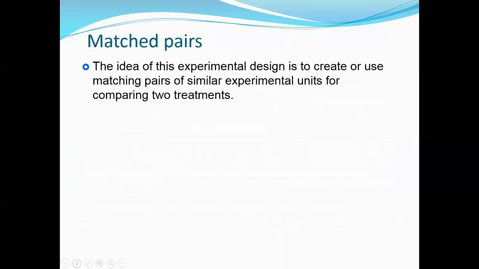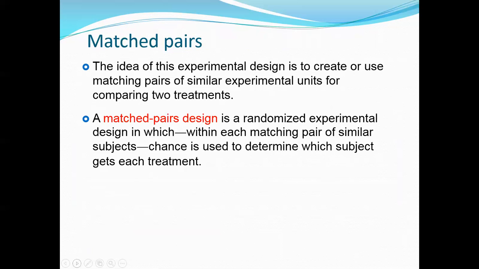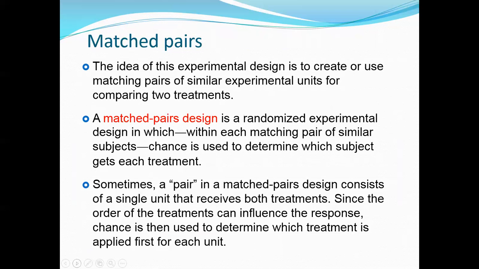Matched pairs. The idea of this experimental design is to create or use matching pairs of similar experimental units for comparing two treatments. A matched pairs design is a randomized experimental design in which, within each matching pair of similar subjects, chance is used to determine which subject gets each treatment.